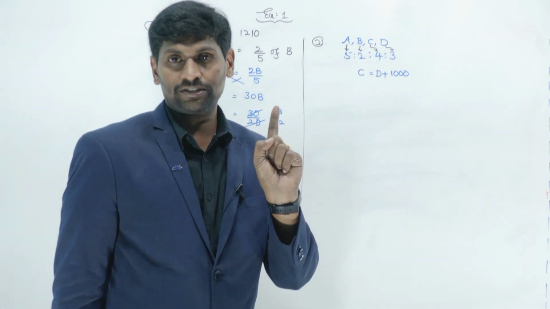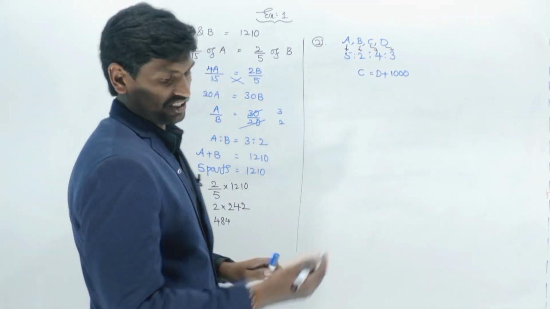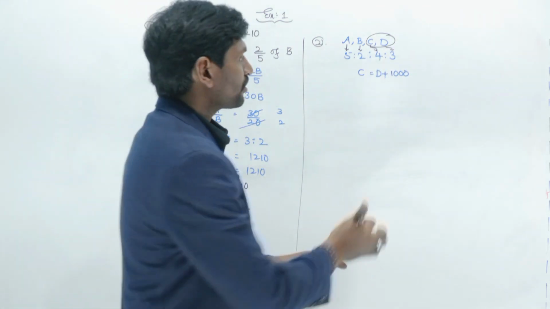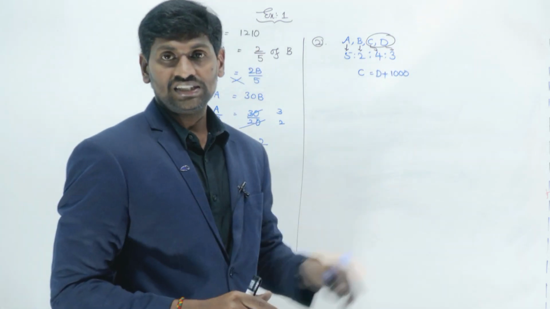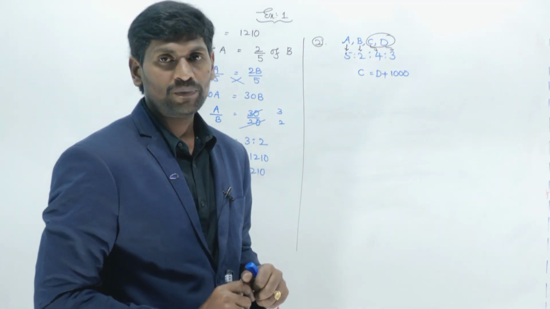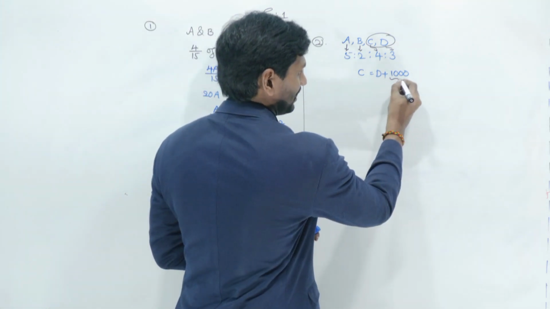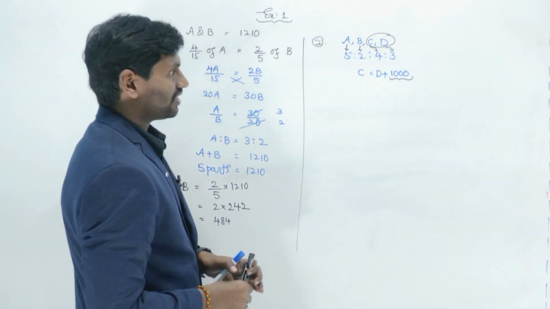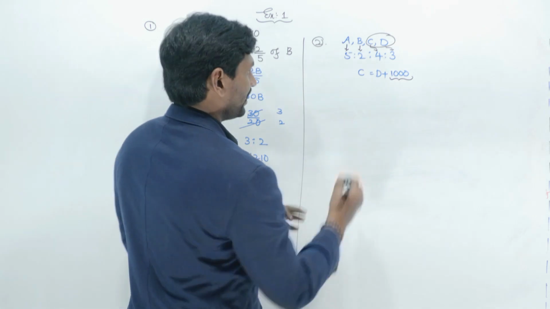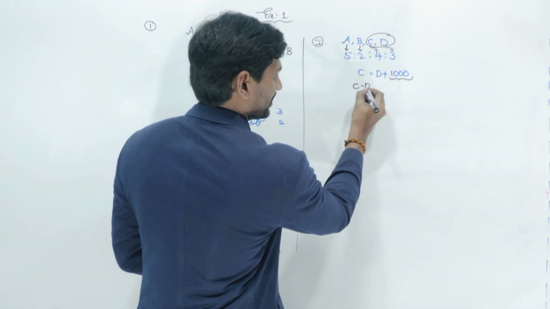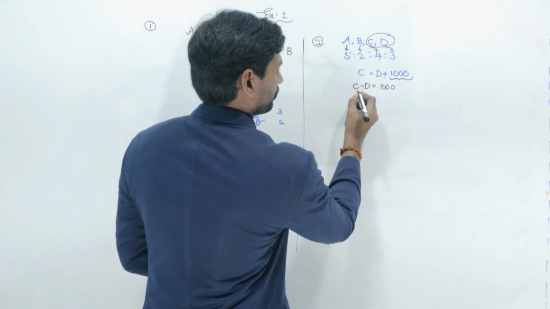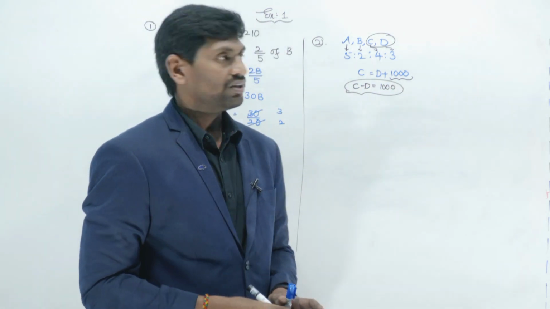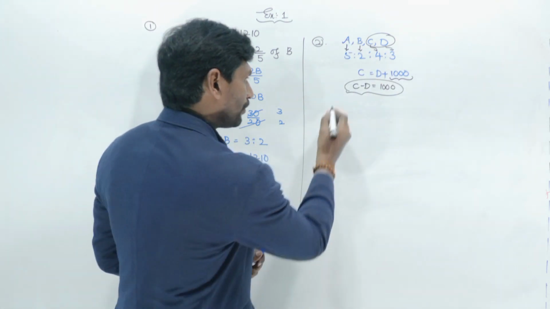Only 1 part is more when comparing C and D. That 1 value extra is 1000 rupees. So C minus D is 1000 rupees, that means 1 part difference, 1 part value is 1000.